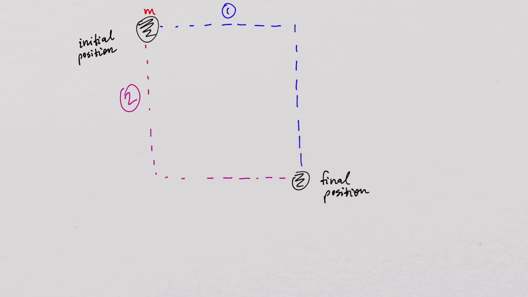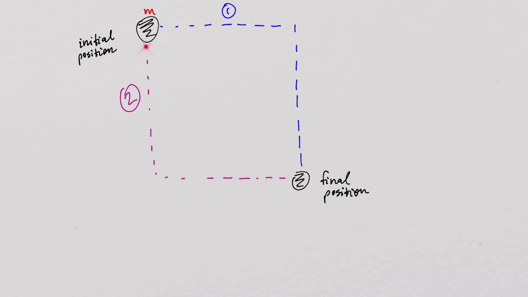Now, the object is going to get from the initial position to the final position along path number 2. As the object goes along this vertical displacement, both the applied force and the gravitational force will do work. But then when the object displaces from here to the final position horizontally, the two forces will do no work on the object.